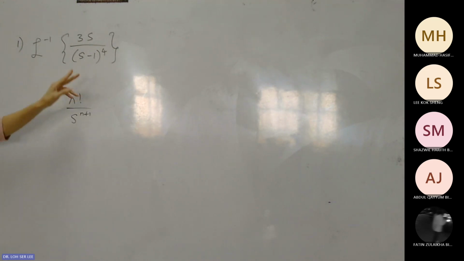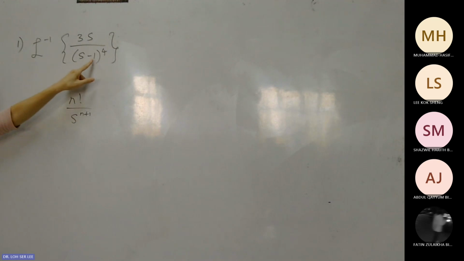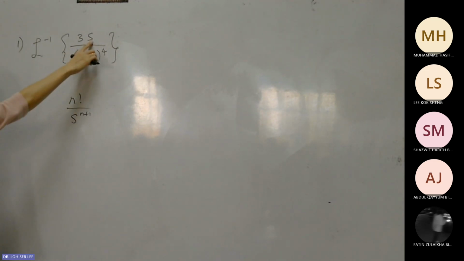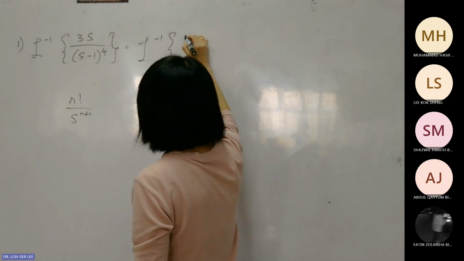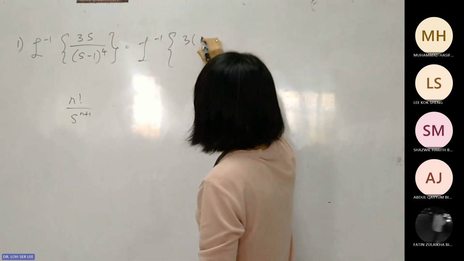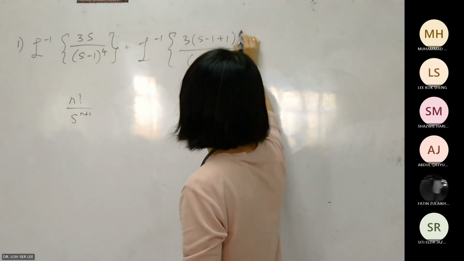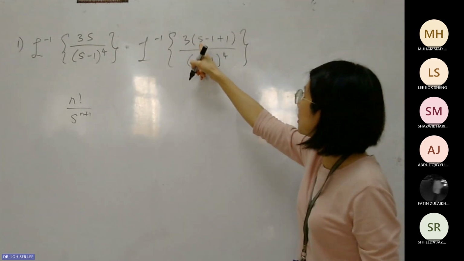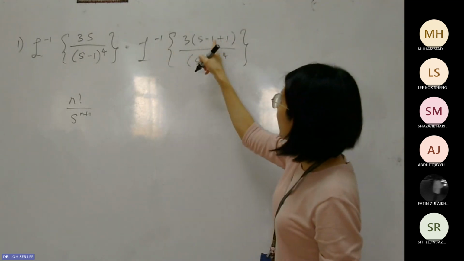Yes. Okay, so how to get this? You have to apply the first translation property, where you have to make sure all s from this function must be in the same form of s minus 1. So we have an s here, and we want to come up with that s minus 1 plus 1. We change the s into s minus 1 plus 1.